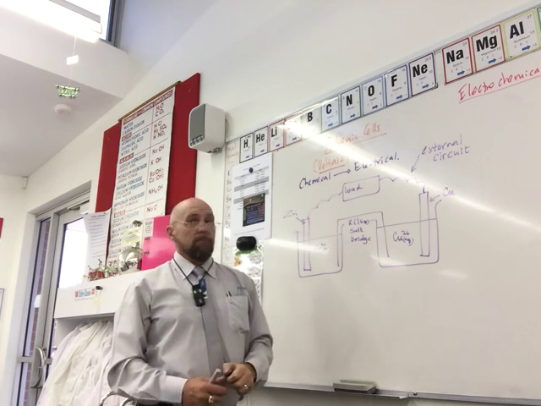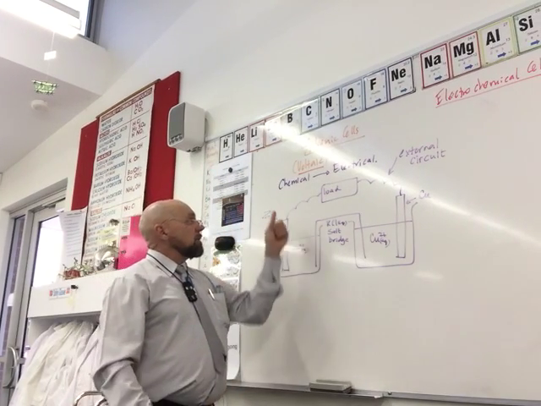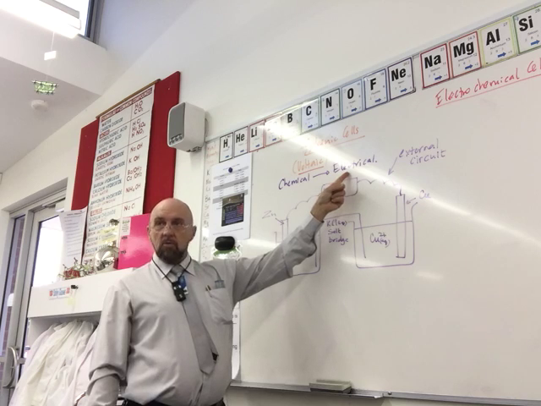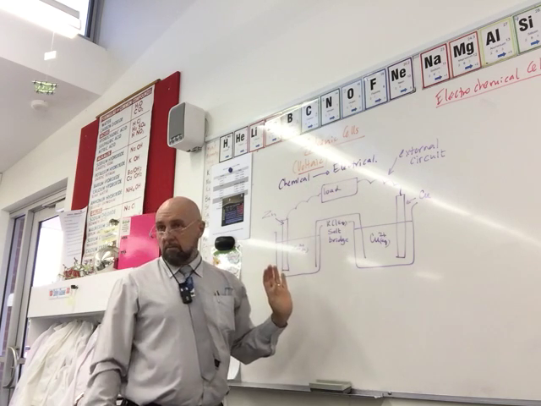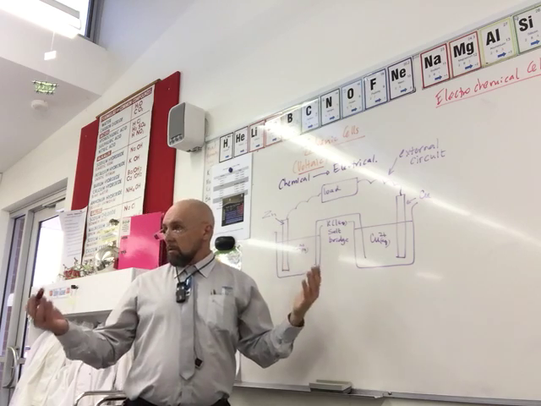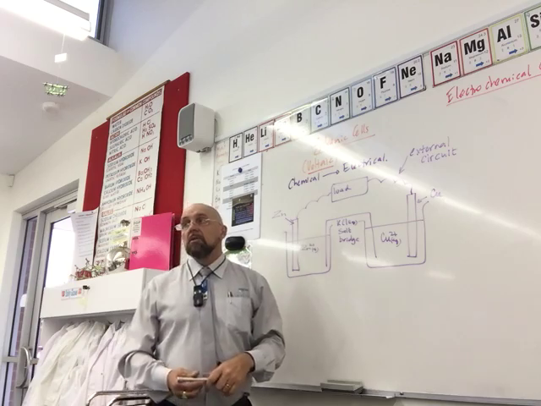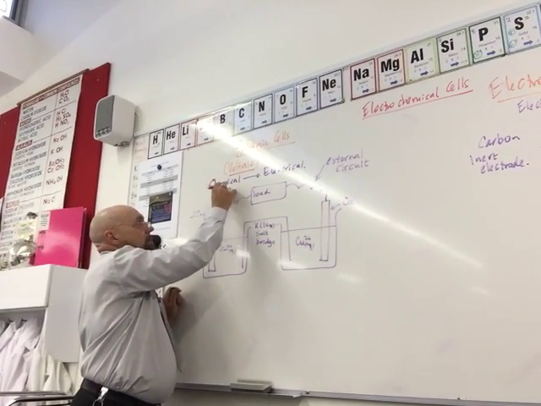That's a galvanic cell. So in the context of the galvanic cell, we are changing chemical energy into electrical energy. So what reaction are we using to our advantage here? We're using redox, okay. We did a few weeks on redox reactions.